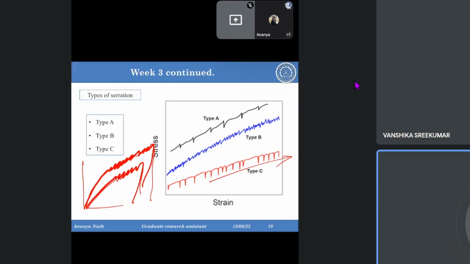It's only 10 to the power minus 5 to 10 to the power minus 2 per second. You can imagine that per second we are increasing 10 to the power minus 2 percentage elongation, meaning 0.001 by 100. So it's minimal. This is why aluminum alloys always show serration.